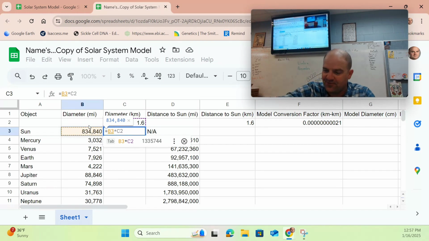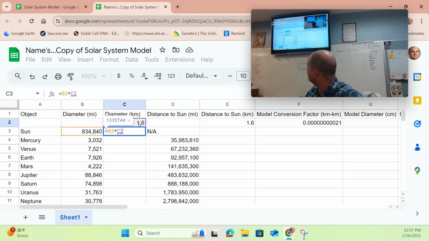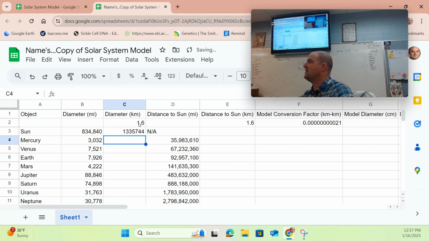I would go Shift 8, and then I would click on this box, and then hit enter. Does that make sense? Instead of clicking on the box, you could type in B3 times C2. You could do that.